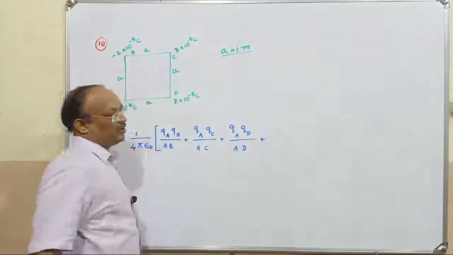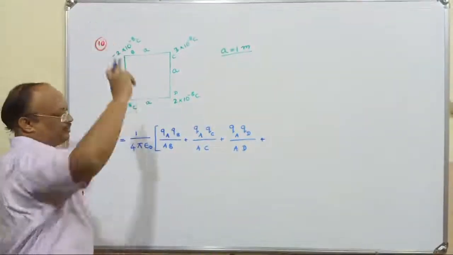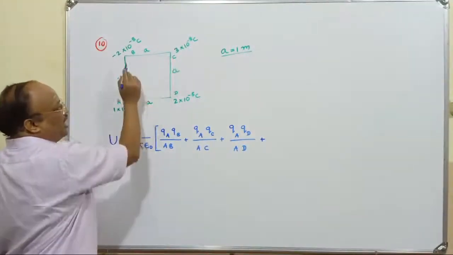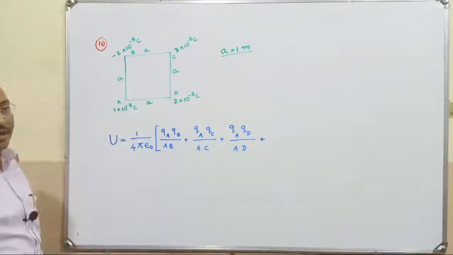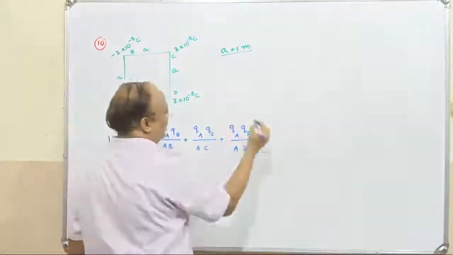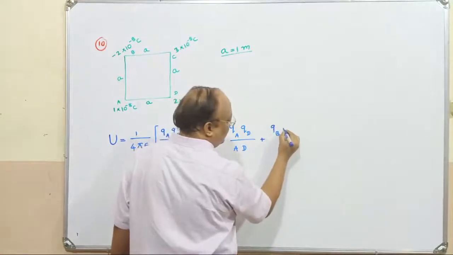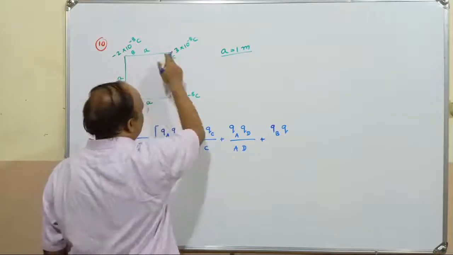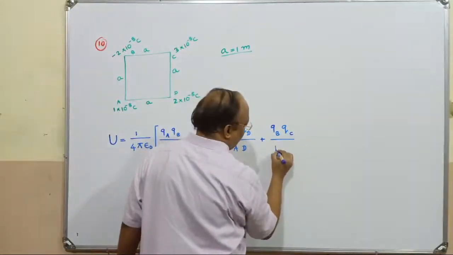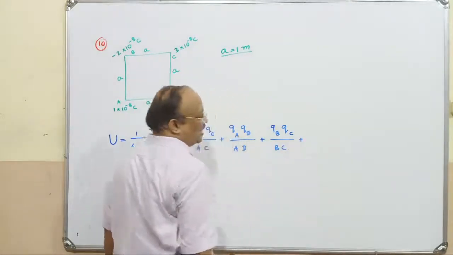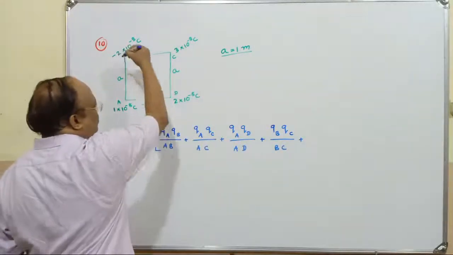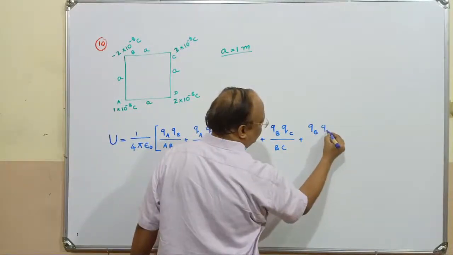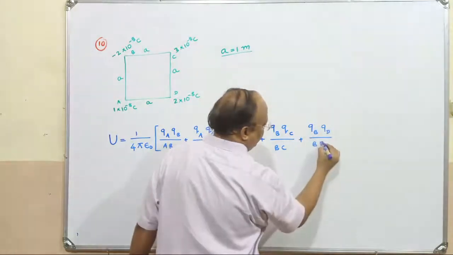Plus we have to see B. So it will be from B to C and B to D. You are writing QB into QC divided by BC, plus QB into QD divided by BD.